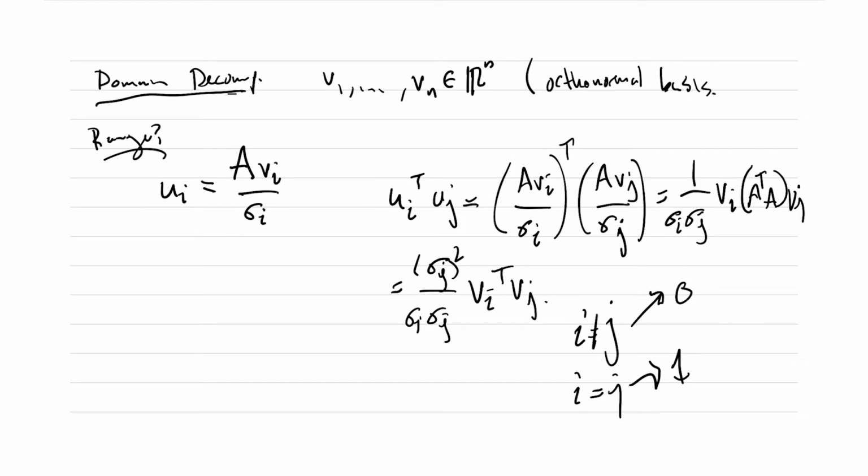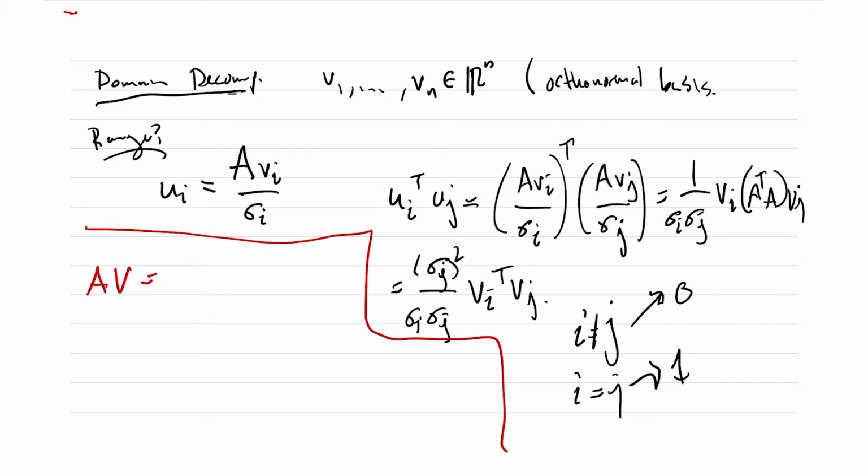Okay, so now let's see what we've talked about so far. Basically, I'm saying that if you take A and multiply it times V, that's going to give you U times sigma. What is sigma? Sigma is sigma 1, sigma 2, all the way down to sigma n, and 0, and that's our singular matrix.